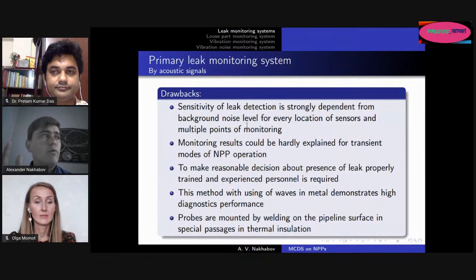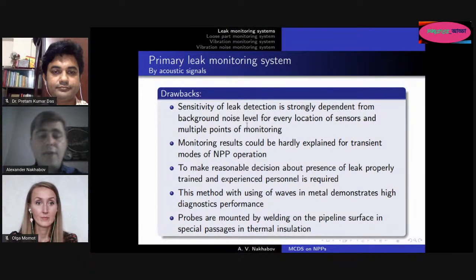And all these noises, of course, form some background. If the background noise level is rather high, it's very hard for us to detect possible leakage on this background. So it's one problem.